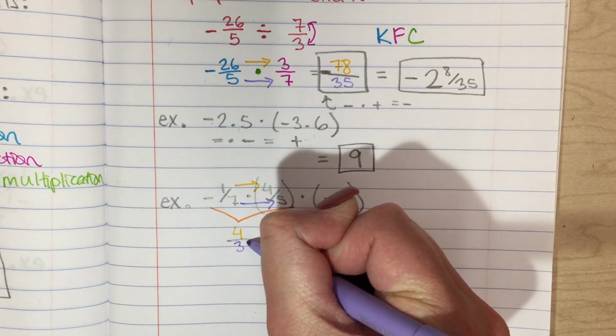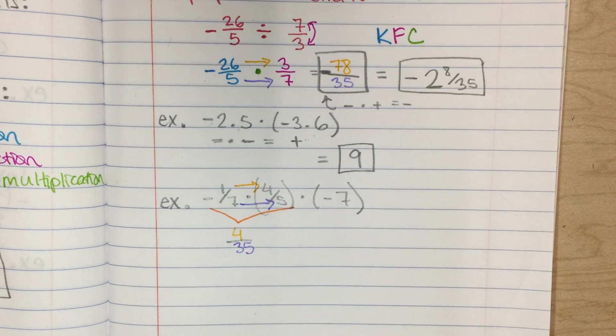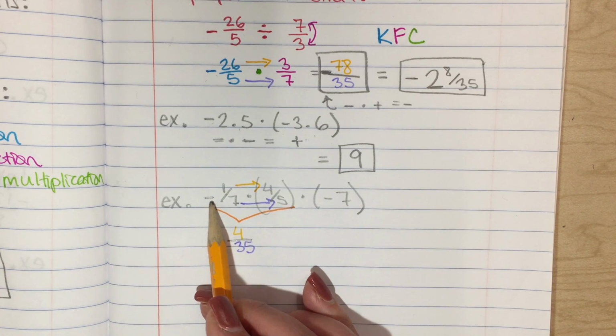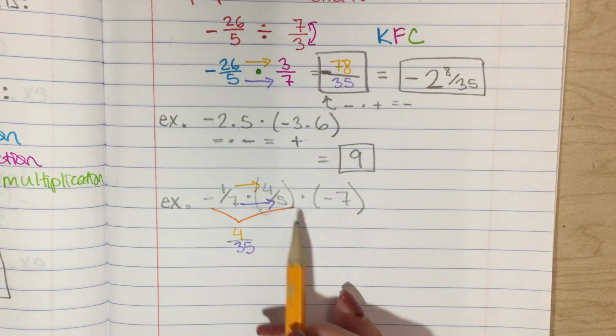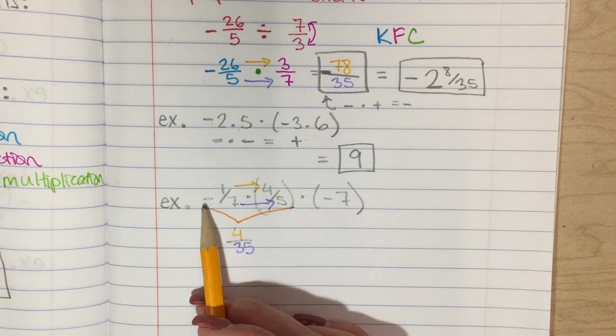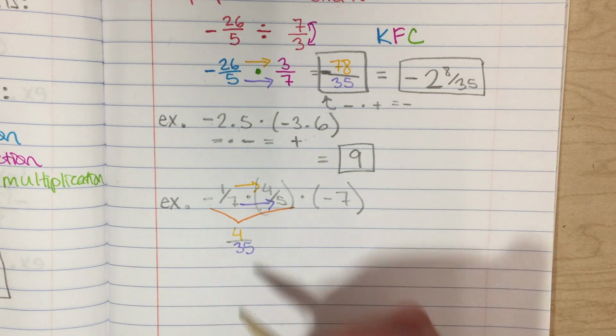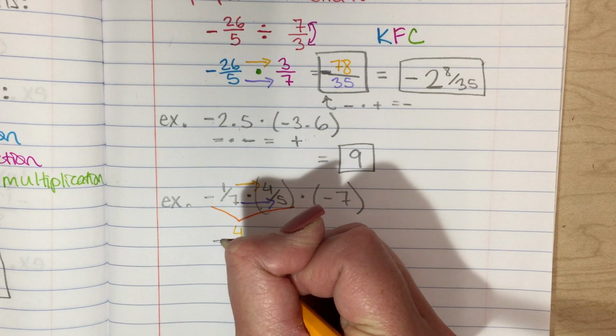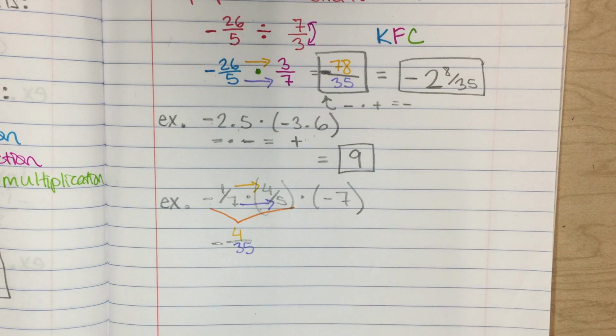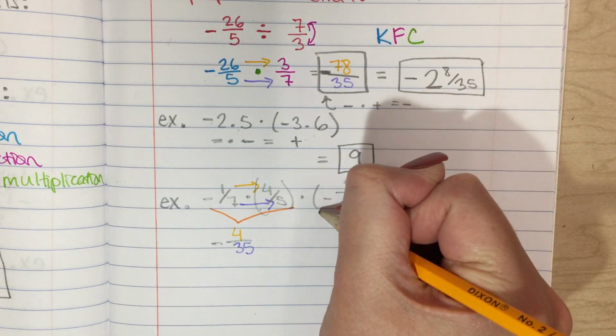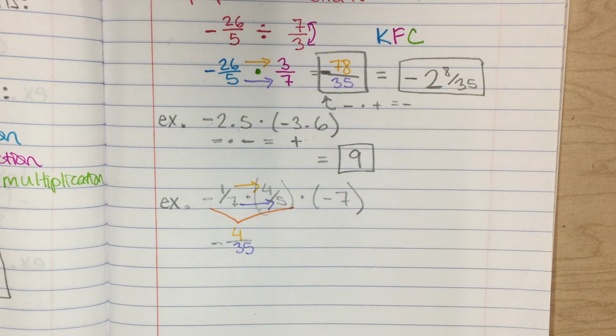So this is 4/35. What do I need to think of whenever I'm doing a problem like this? I need to think about my sign. So a negative times a positive is a negative. They're different signs, so this becomes a negative 4/35.